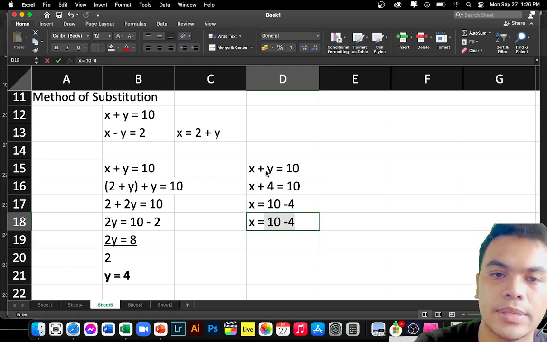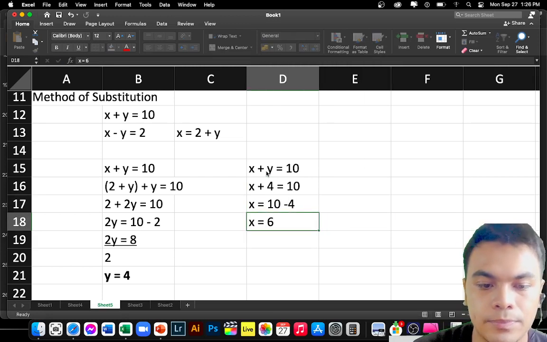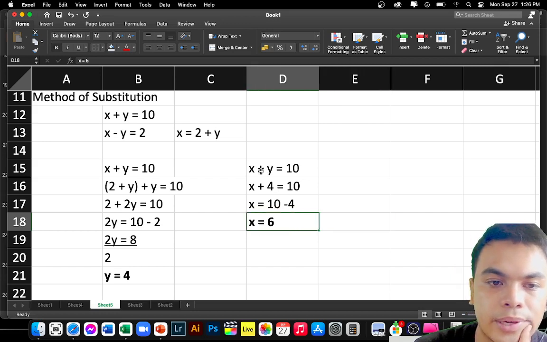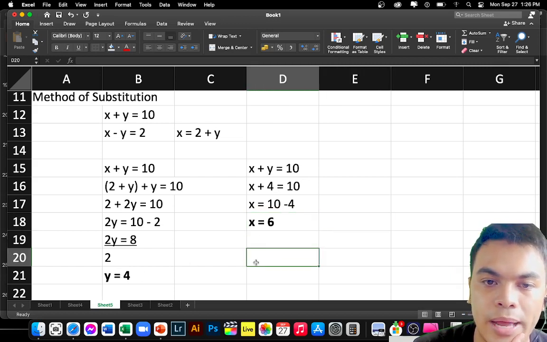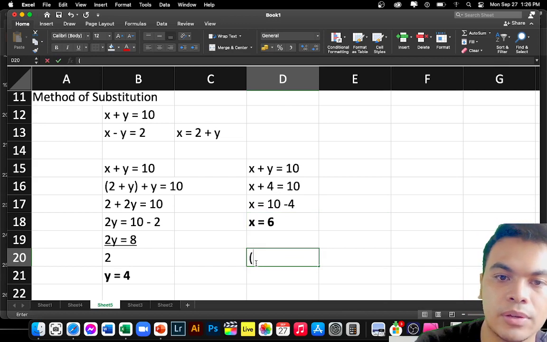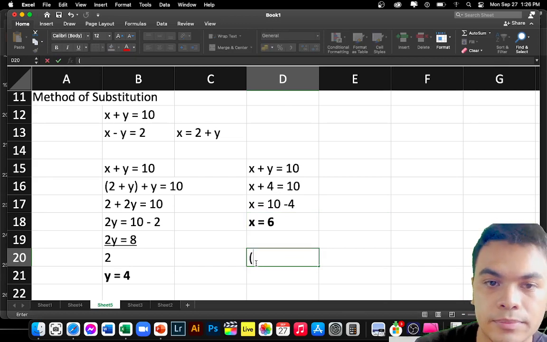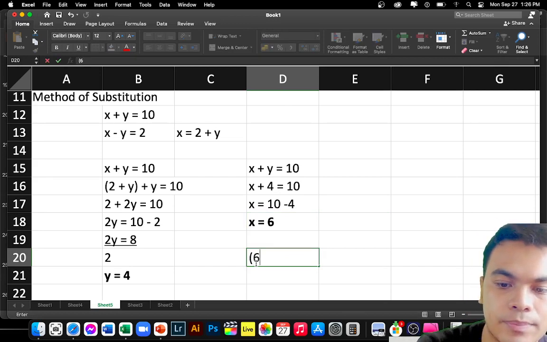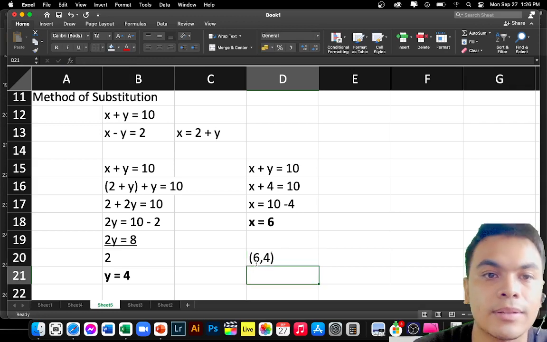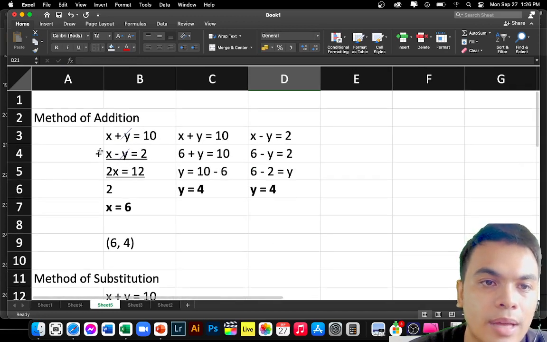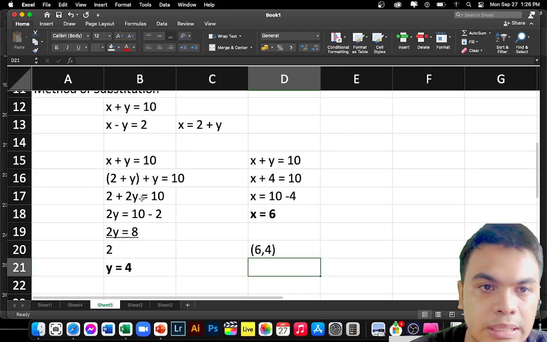Then x is equal to 6. Okay. So our answer now for the second method is 6, 4. Two methods, addition and substitution.